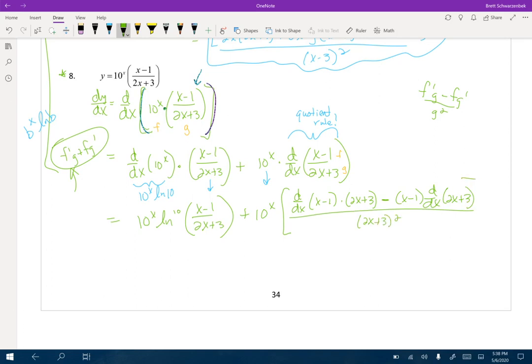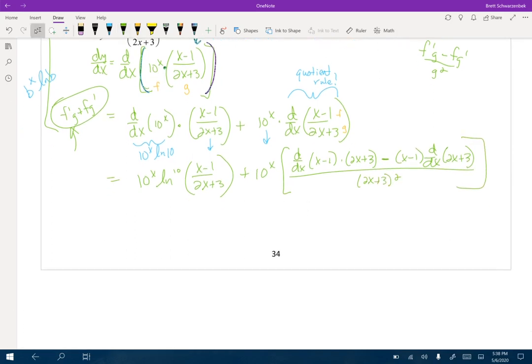All right, so the only thing left to do is to find these derivatives right here. So again, you can shortcut the process. Derivative of x - 1 is just 1. The derivative of 2x + 3 is just 2. So we can just rewrite the final step, and yes, it's enormous. So (x - 1), (2x + 3).